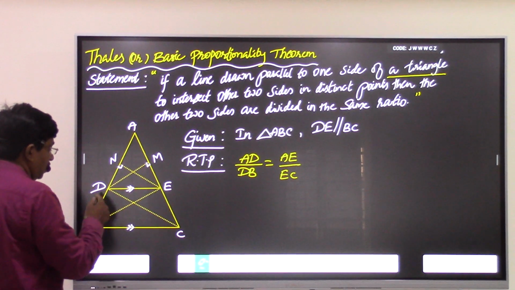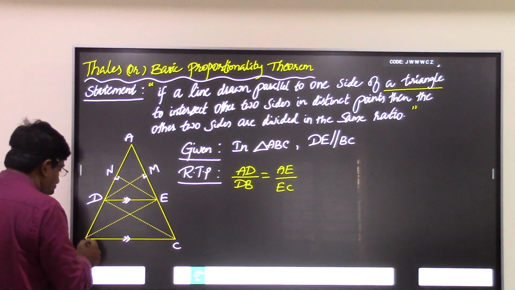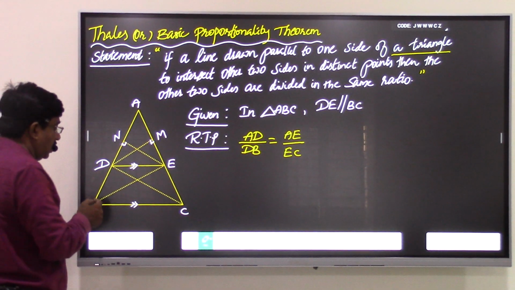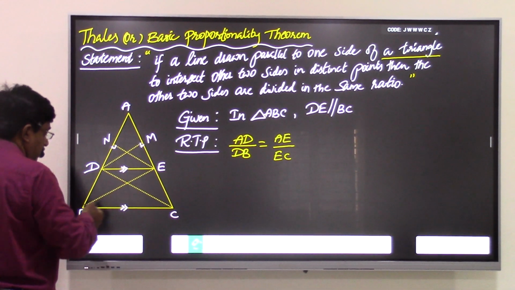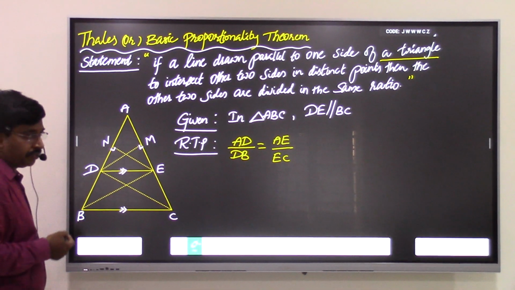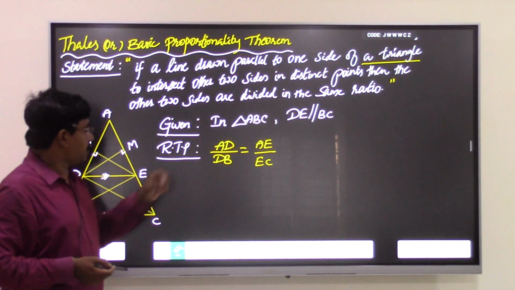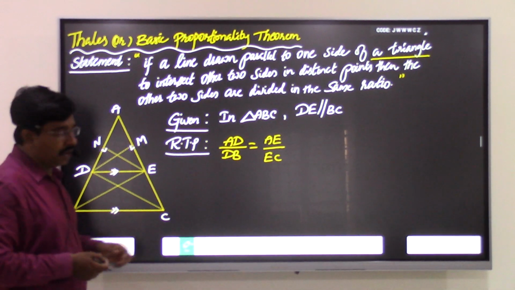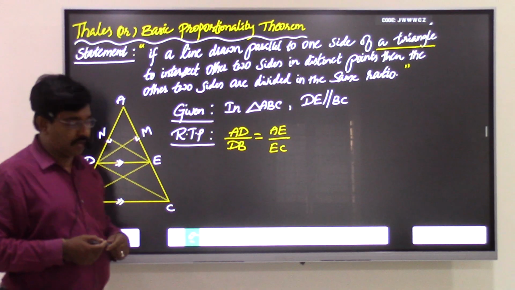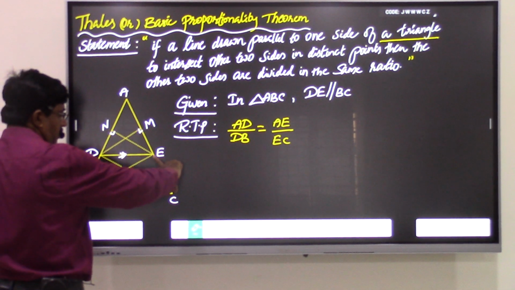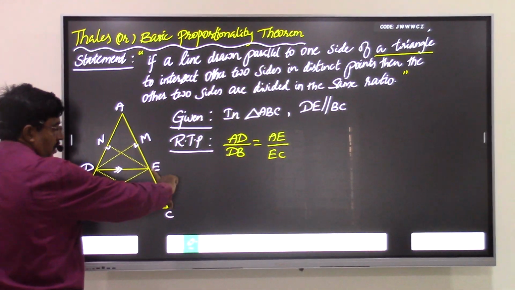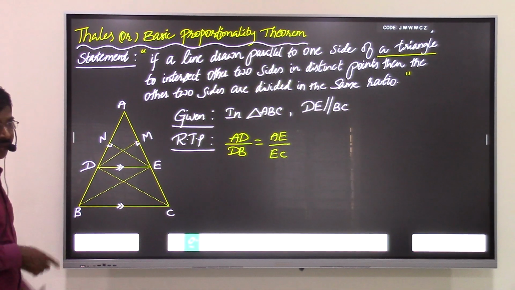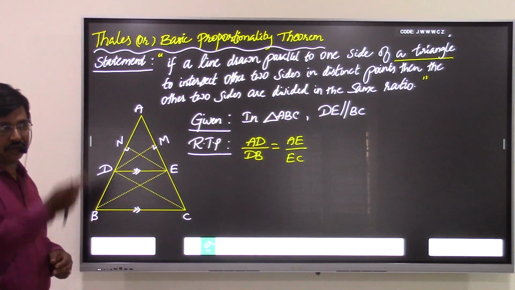DB is not a side of any triangle, so I am joining B and E to make DB a side of a triangle. AE is already a side of triangle ADE. And EC also must be the side of a triangle. To make EC a side of a triangle, I am joining D and C. Then EC is a side of another triangle.